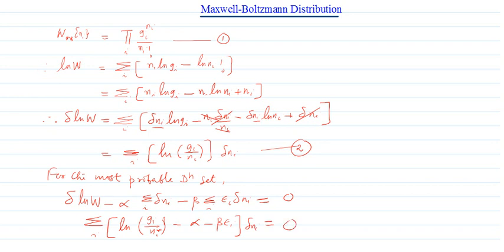The direct consequence is that the quantity in the bracket should be equal to 0, which says that for the Maxwell-Boltzmann case log of Gi divided by Ni star becomes straightforward, simply alpha plus beta Ei. There is no plus or minus 1 or anything there. So Gi by Ni star will be equal to simply e raised to alpha plus beta Ei.